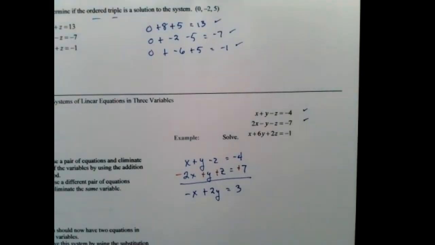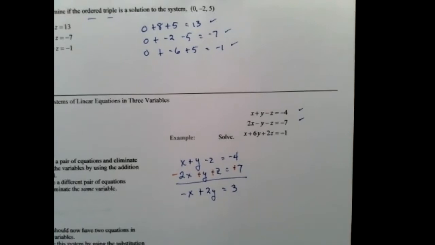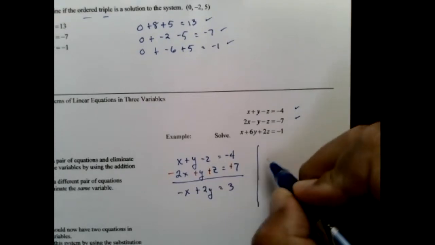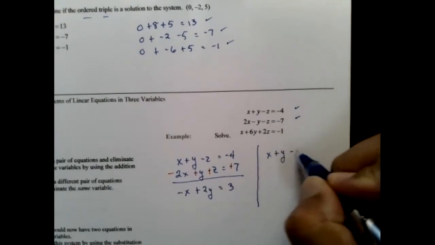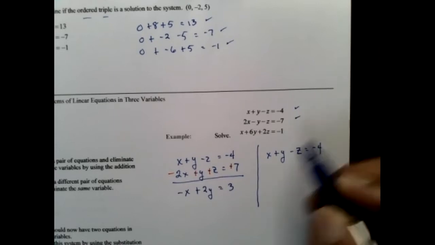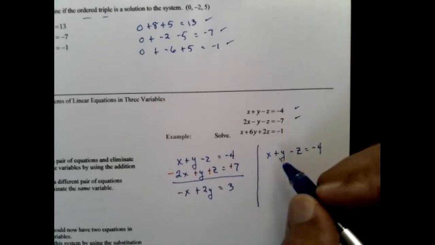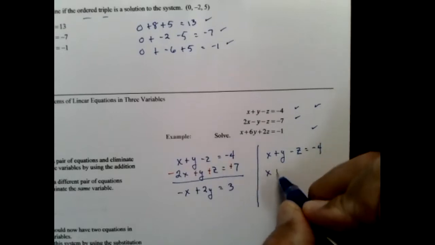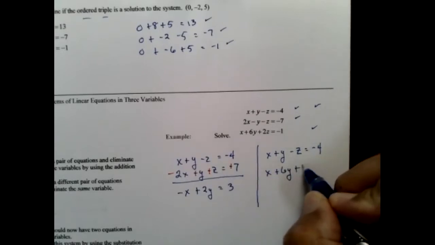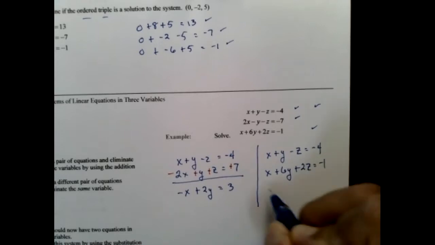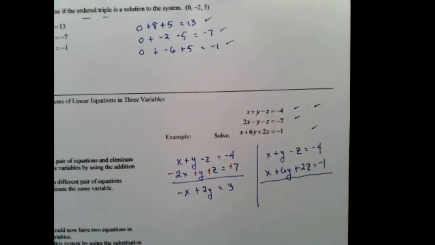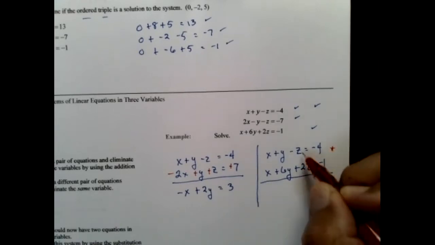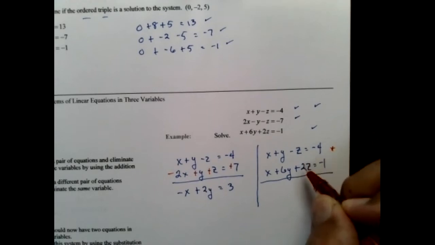Now, the next thing I want to do is pick 2 different rows. Let's go with row 1, x plus y minus z equals negative 4. And this time we'll do row 3, so that everybody is included. I think this time I'll take row 1 and multiply everything by 2, because I want these guys to be opposites so they eliminate.